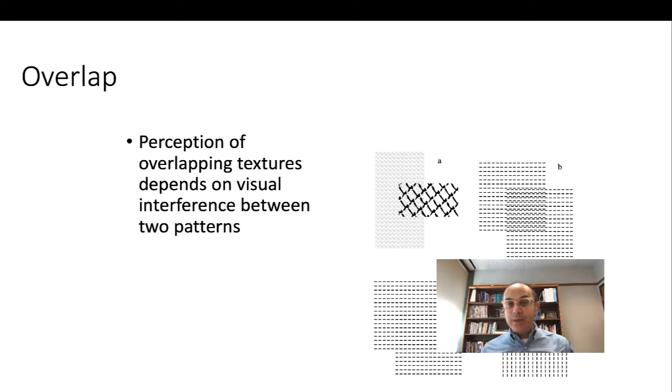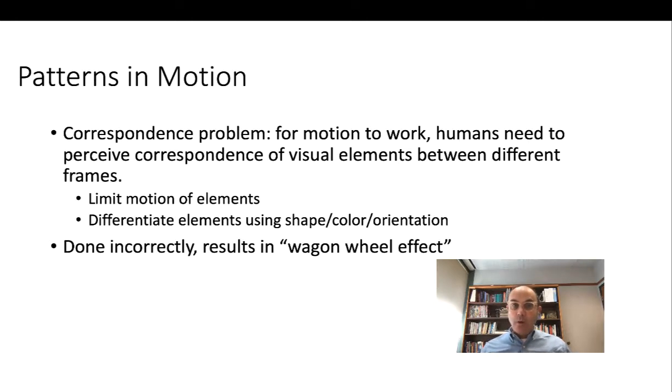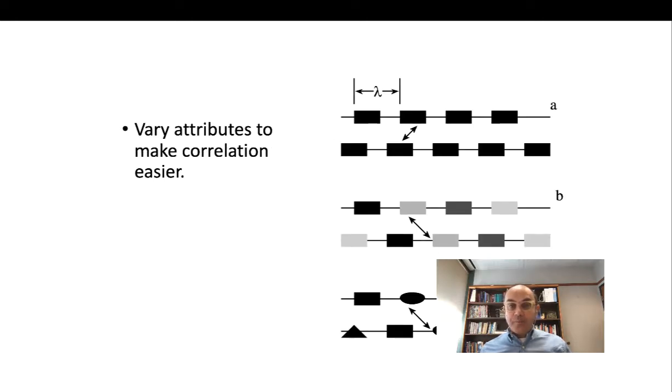Overlap is something that we will learn about in Adobe Illustrator, and the idea is that we can do overlap. And overlap can be a good representation or bad representation. Again, how we put it all together to create a narrative or to create a report of the analysis is a key component. Patterns in motion, again, the issue of motion is also important.